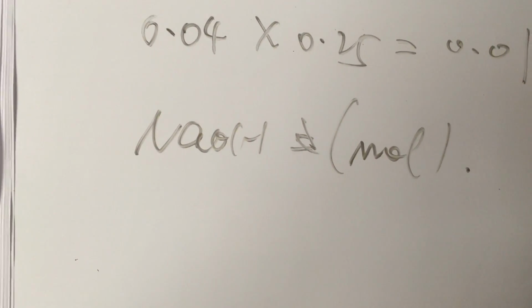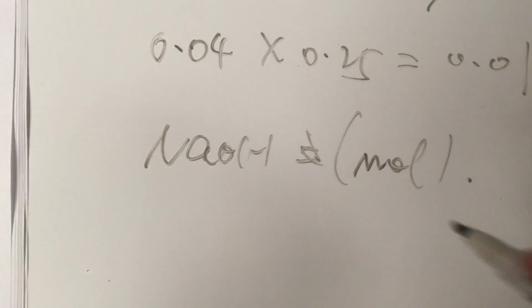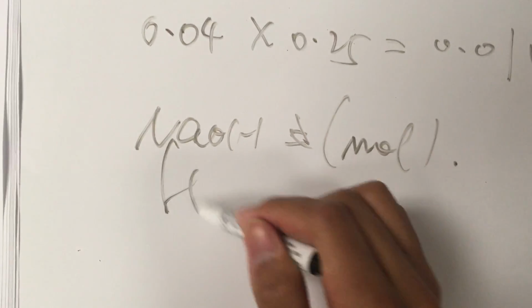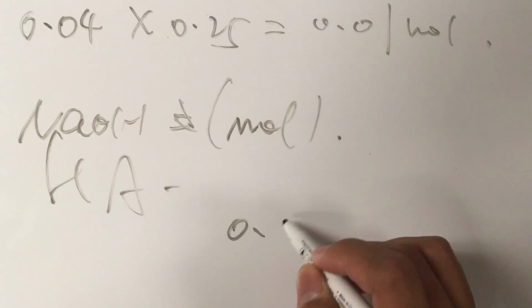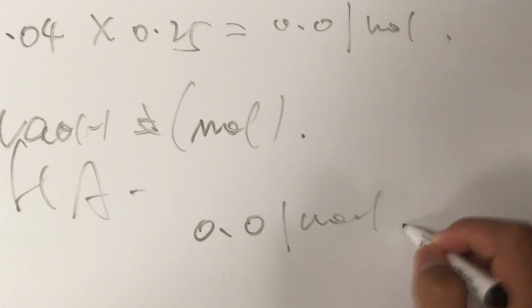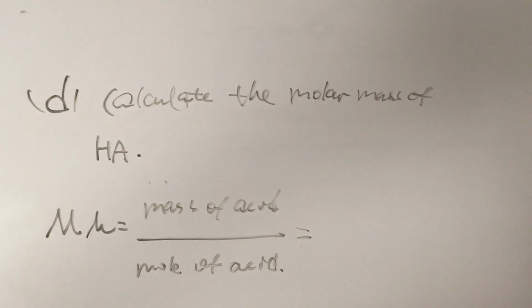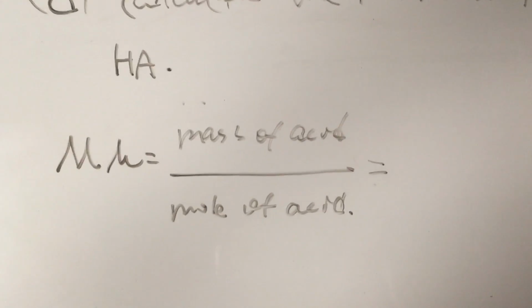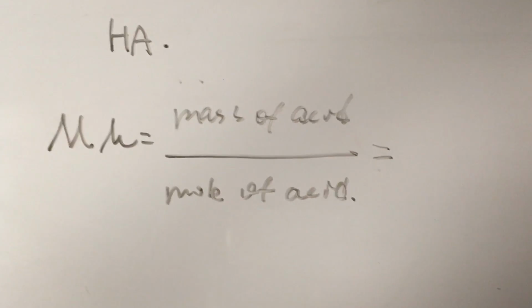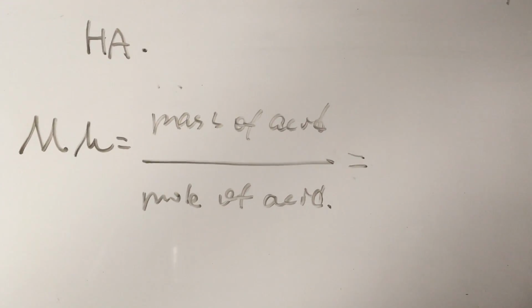The mole ratio of sodium hydroxide to HA is 1 to 1. So the moles of HA should also be 0.01 mole. Thank you. Now the next question is to calculate the molar mass of the HA. As we know, to calculate the molar mass, use the mass of the acid and divide by the moles of the acid.